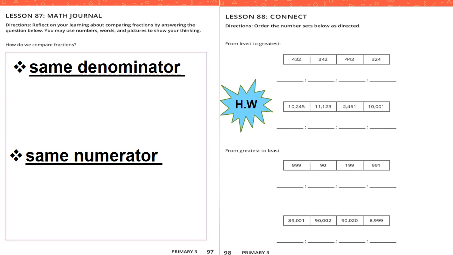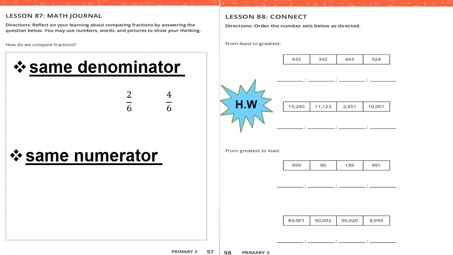Let's start our math journal. How do we compare fractions? We said before we have types of comparing fractions. Same denominators, it's called normal fraction. For example, 2 over 6 and 4 over 6.